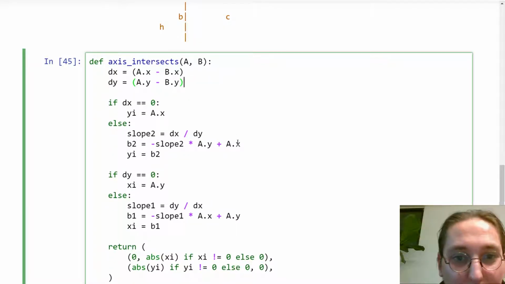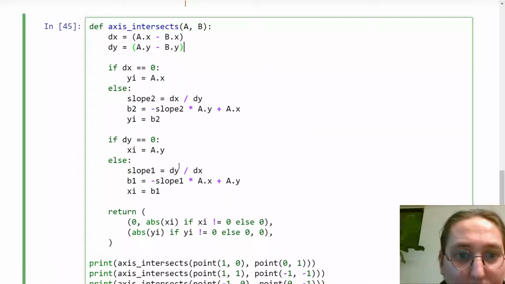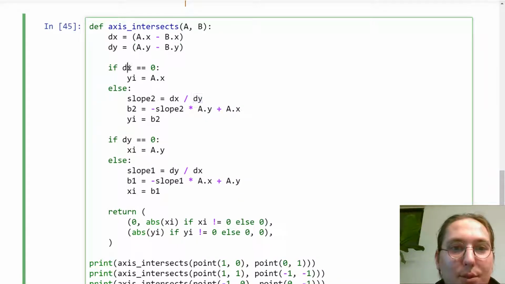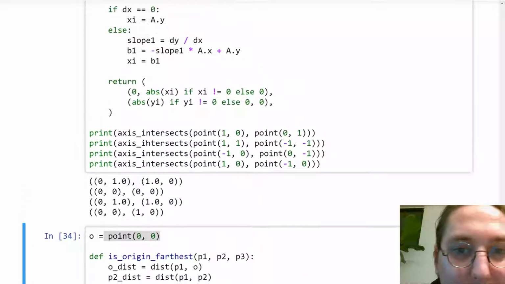So where did I go wrong? Division by 0. Slope dx over dy. Slope dy. Yeah. Okay, I switched this one too. Does this look approximately correct?